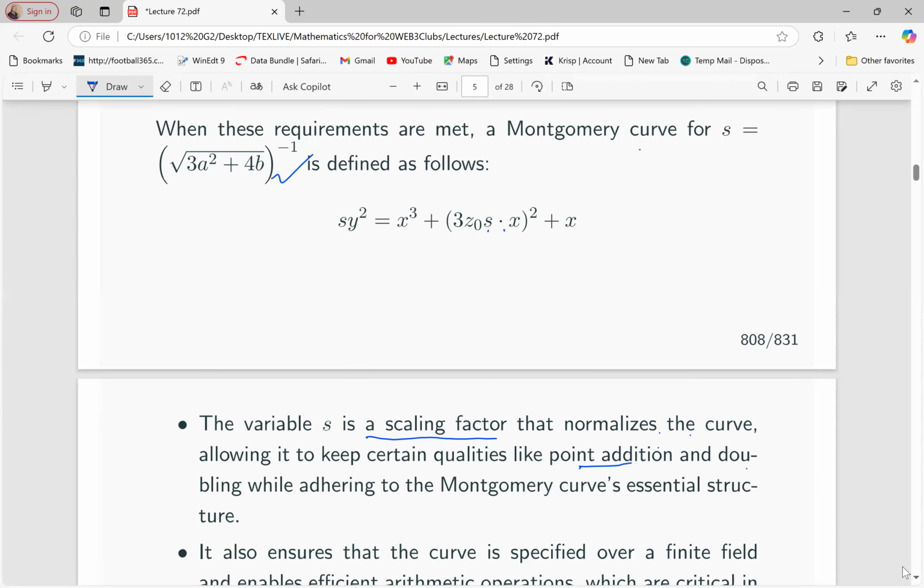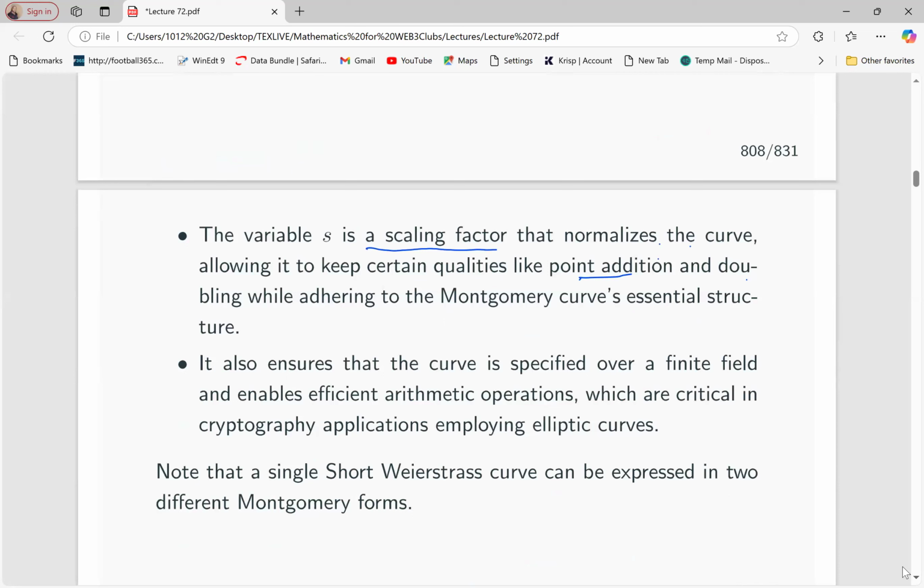The scaling factor has another role, that it also ensures that the curve is specified over a field, and therefore it enables efficient arithmetic operations. And of course, I've already mentioned that we require arithmetic operations to be efficient, specifically in applications of cryptography.